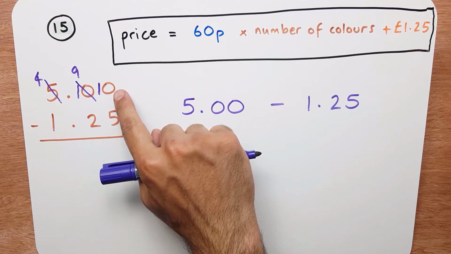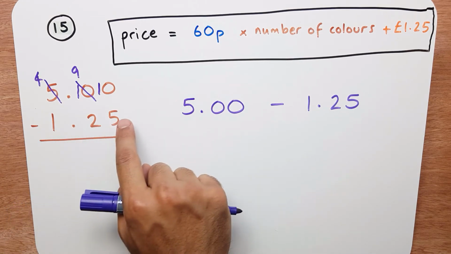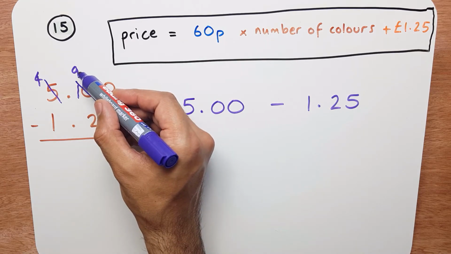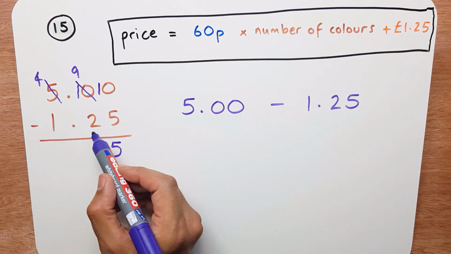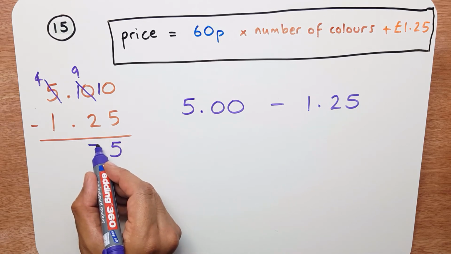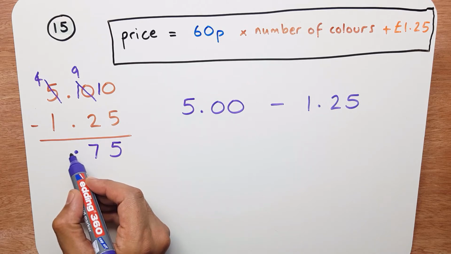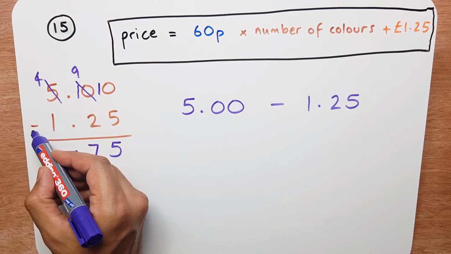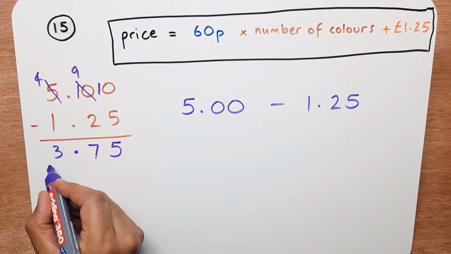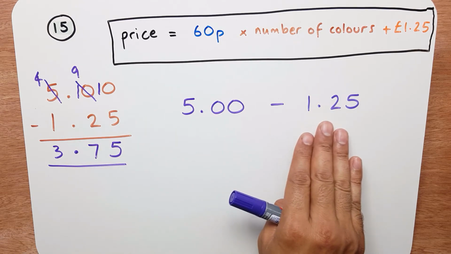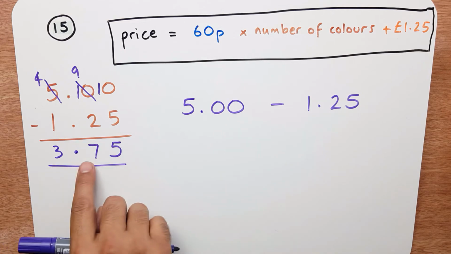So our calculation is 10 take away 5, which is 5. Now it's 9 take away 2, which is 7. And we have to carefully line up the decimal point. And it's 4 take away 1, which is 3. So 5 take away 1.25 is 3.75.